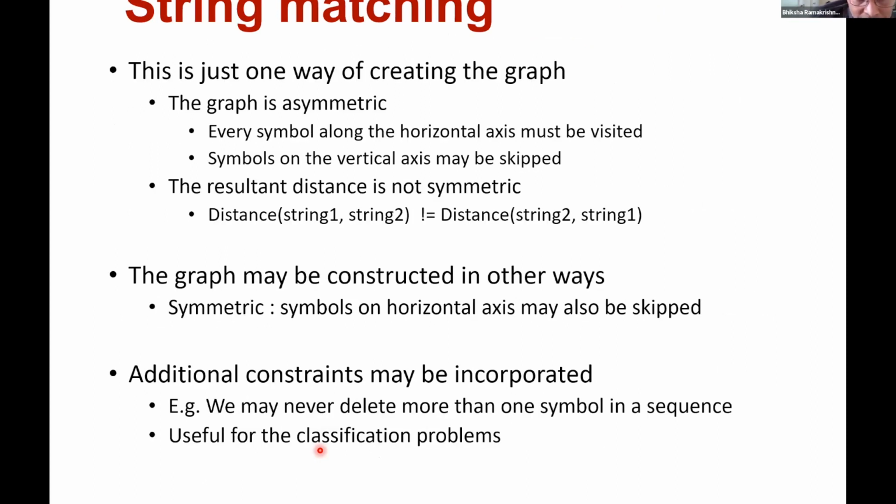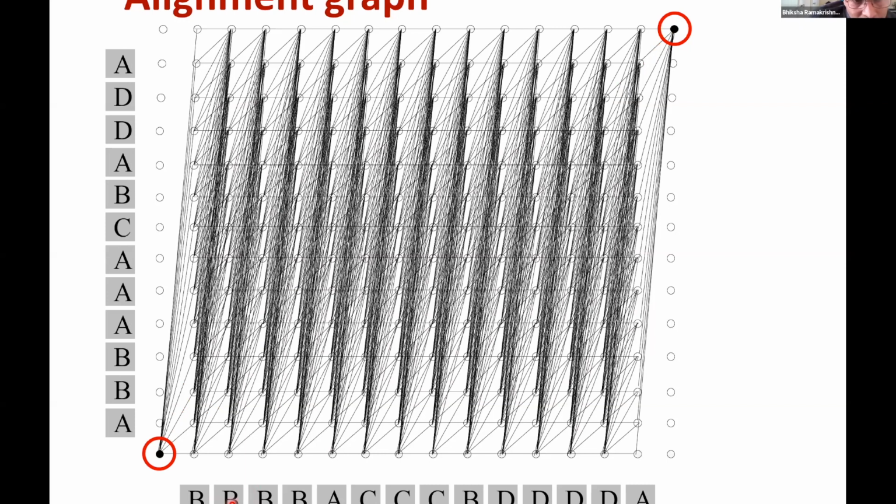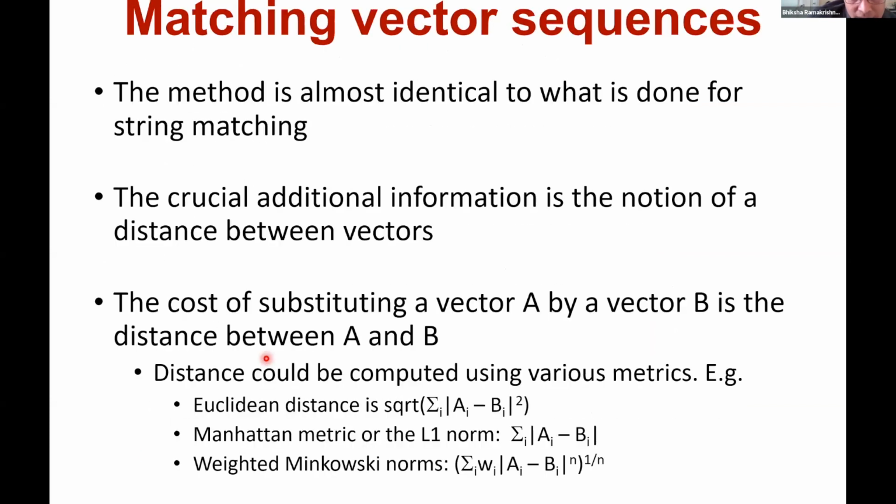The small difference is that over here, when this symbol and this symbol were identical, we assigned a cost of 0. When they were not identical, we put a cost of 1 at the node. Instead, if these are vectors, the cost that we will put at each node is going to be the distance between the 2 vectors.